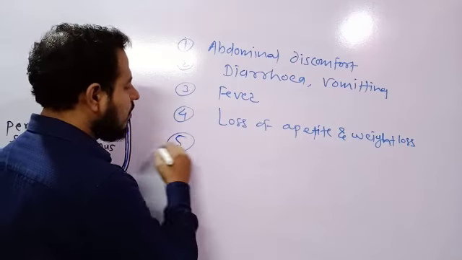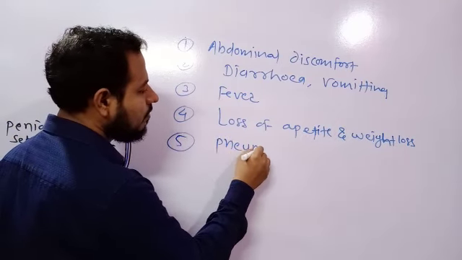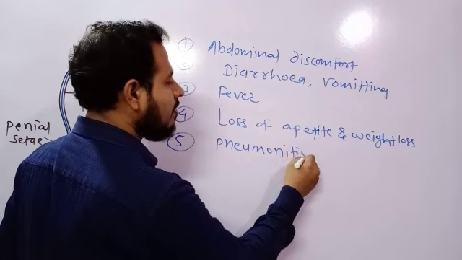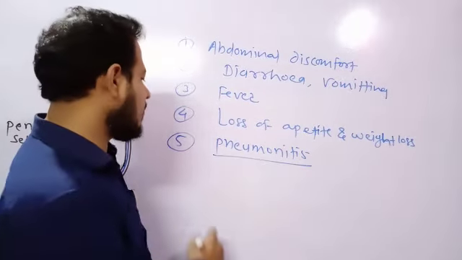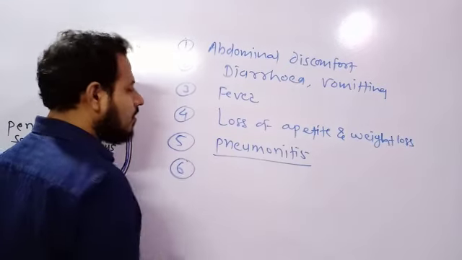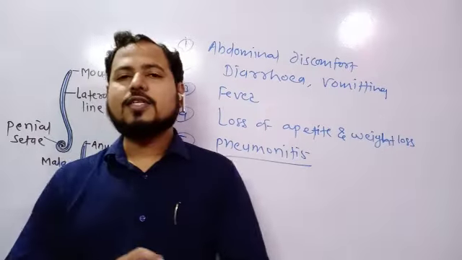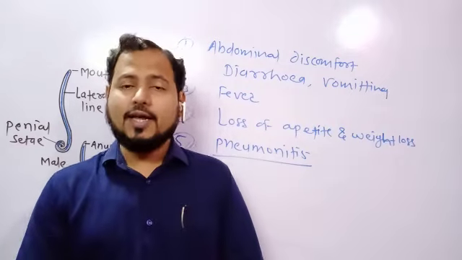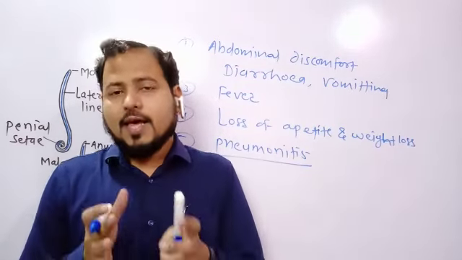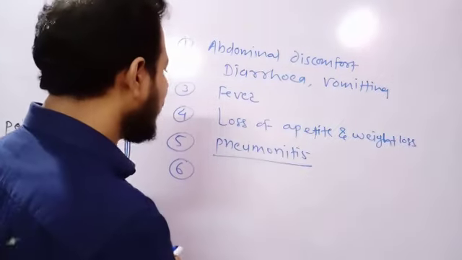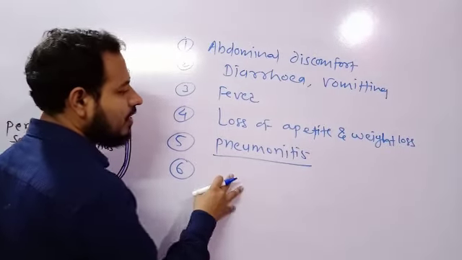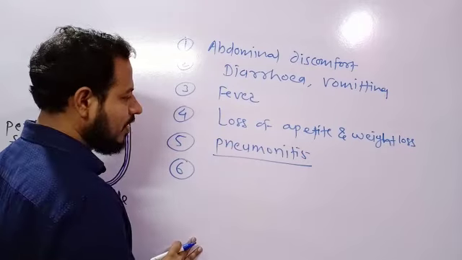Then there may be pneumonitis, inflammation of the wall of the alveoli, the lung cells. Lung-related problems may also include difficulty in breathing, inflammation of the alveoli, as well as the entire respiratory system being affected by such worms, right?